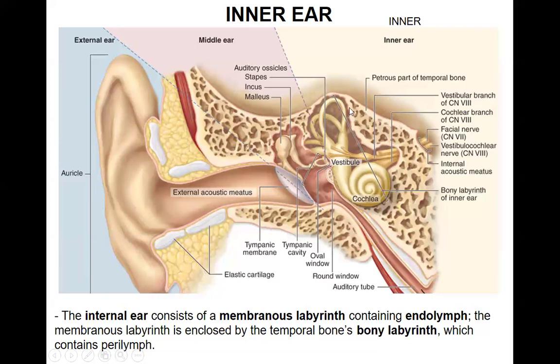Into those spaces, which are filled with a liquid called perilymph, there are other structures in the form of either ducts or chambers that are inside that bony labyrinth.